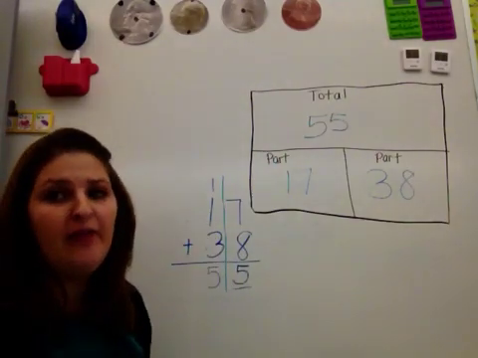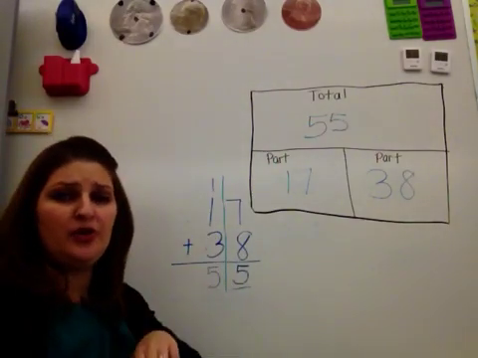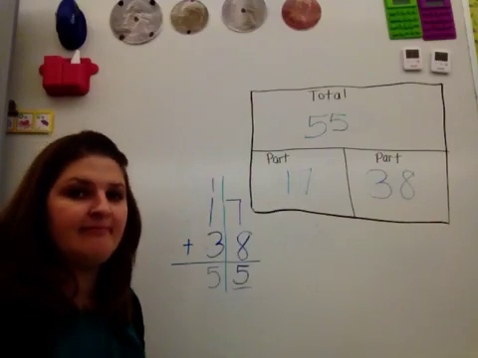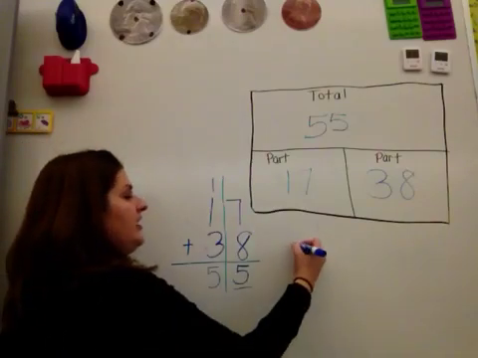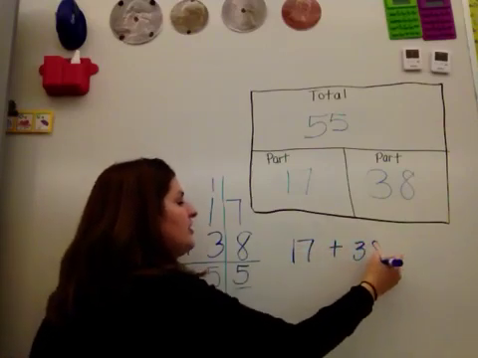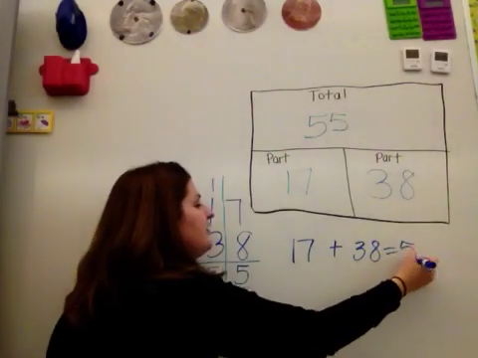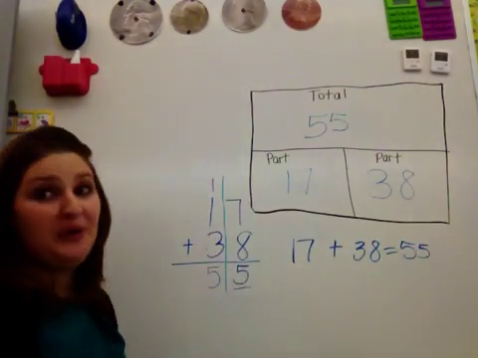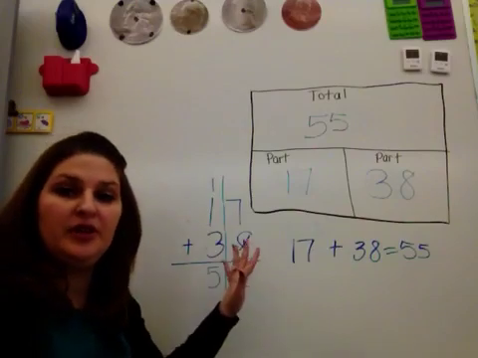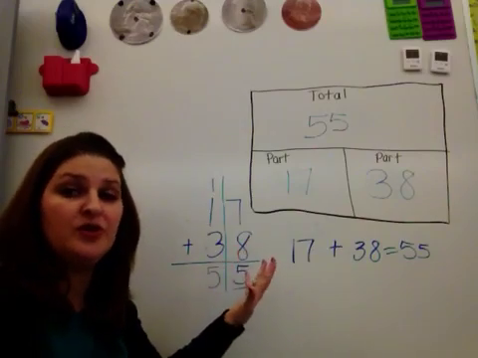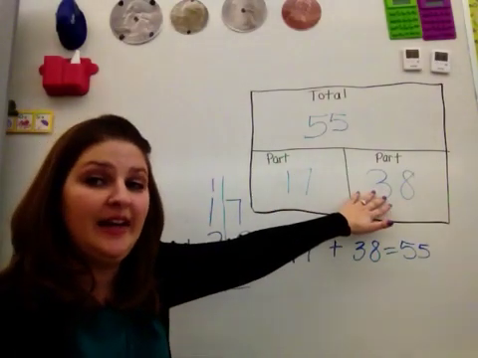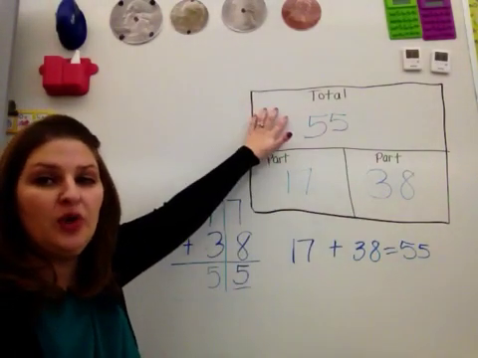Now we need to write out the number model. So can you figure out what the number model for this problem is? If you said 17 plus 38 equals 55, you are right. So, when we do the part-part total problems, you need to remember, two parts get added together to equal the total.